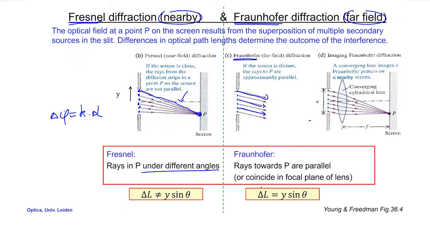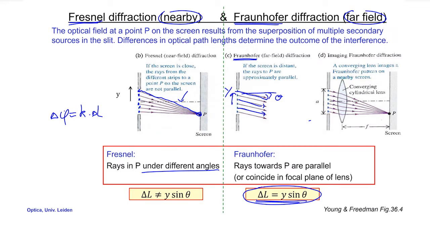Hence, the path length differences between these rays are related to their position in the slit, which we denote by y, and the angle at which the rays are emitted via this equation, which I'll show in more detail in the next slide.